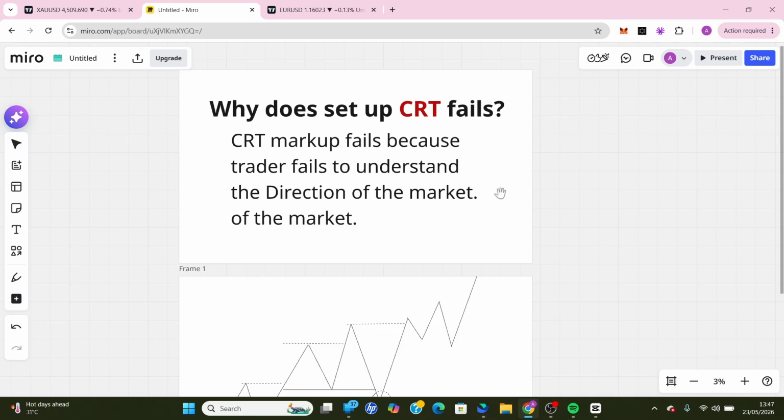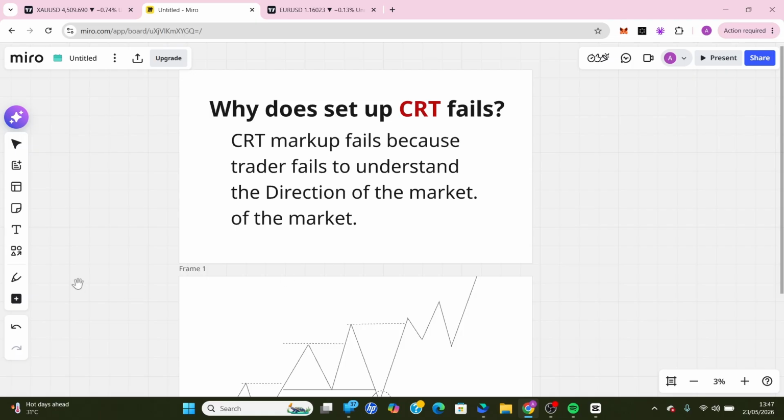Structure is the king. If you miss the structure, which is the basic, yes, it is the basic, but a lot of traders still find it difficult to incorporate it with their trading. If you find it difficult to put structure in conjunction with other strategy, you will find it difficult to excel in this market.